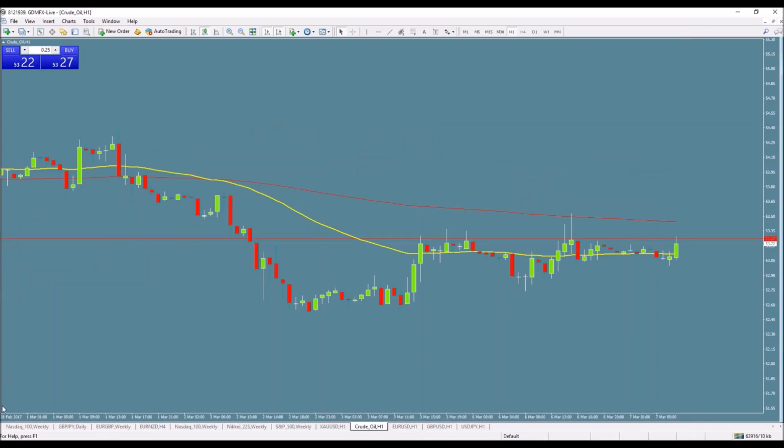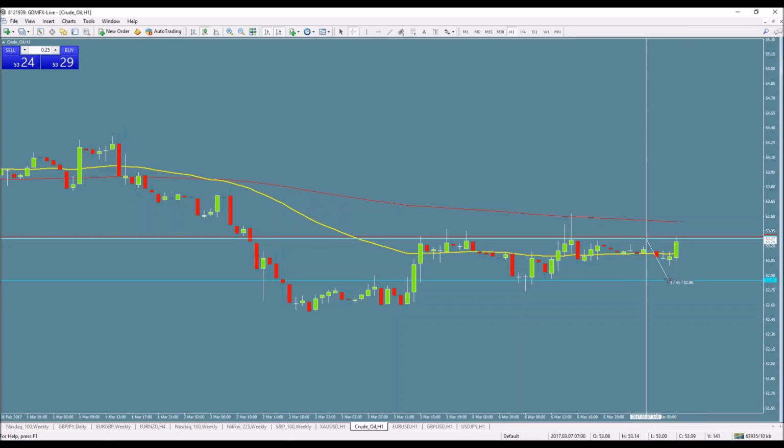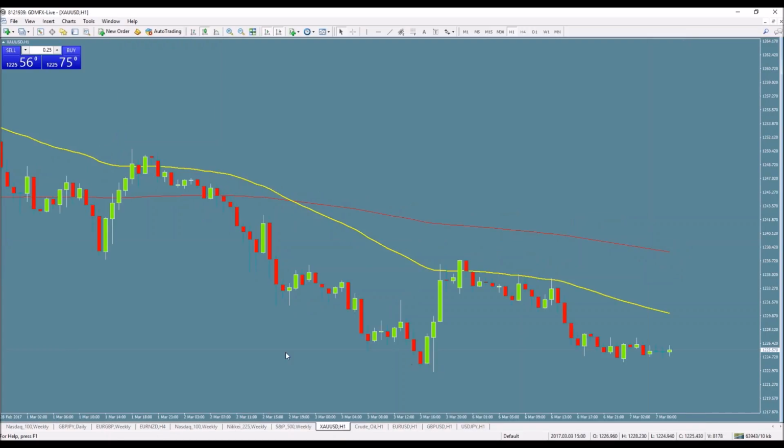Oil is pretty much in the same condition. Nothing major could be done over there. As we can see, the support and resistance areas right now are just making a very tight sideways direction, about 40 cents of particular move, which could also be traded, but it's not as lucrative as gold actually looks to be.